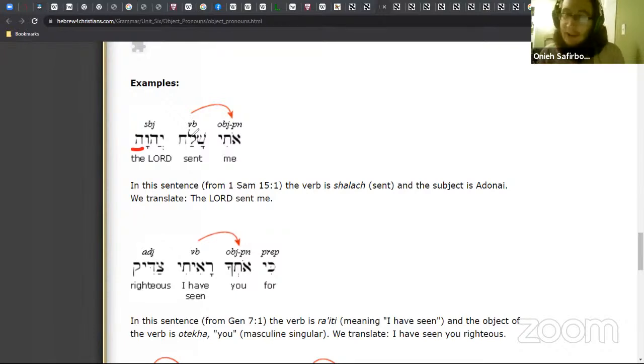But if it's an indefinite object, like if you said he ate a goat, you don't use aleph tav because it is directed at the goat, but it's not a definite direct object.